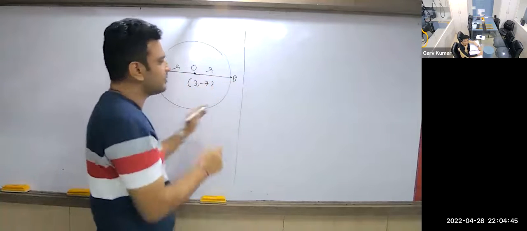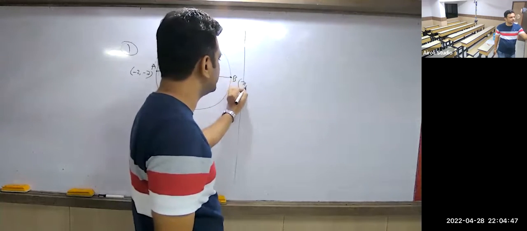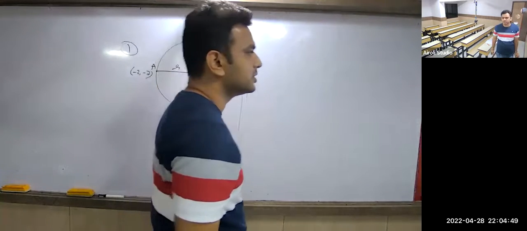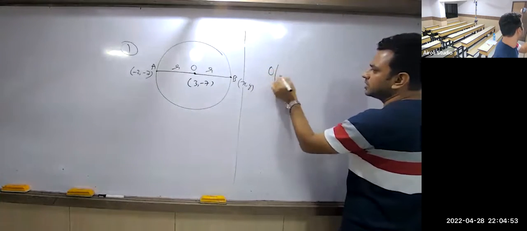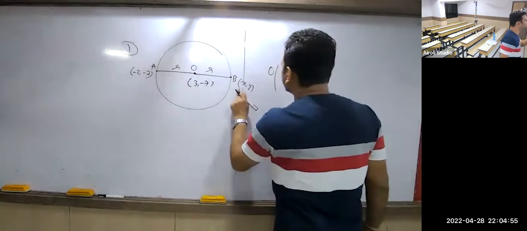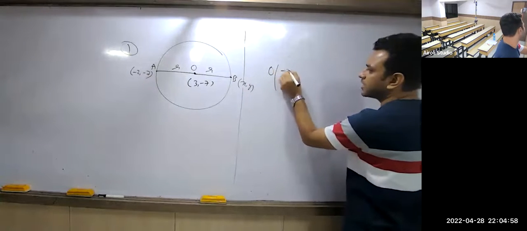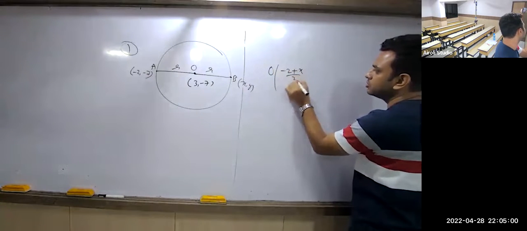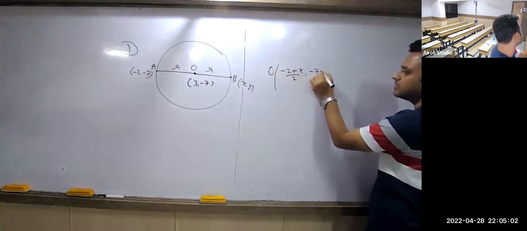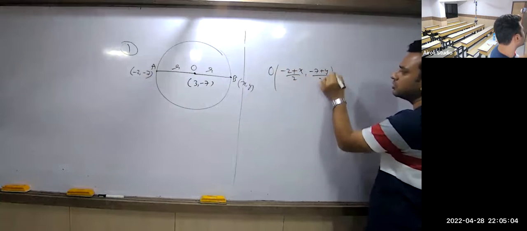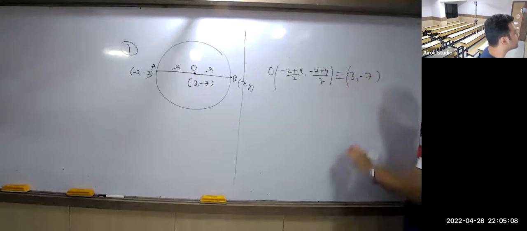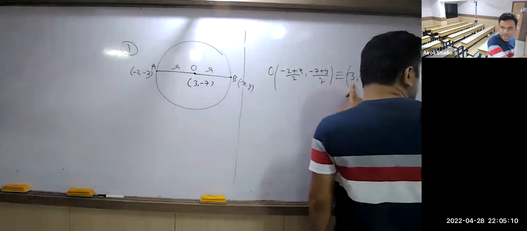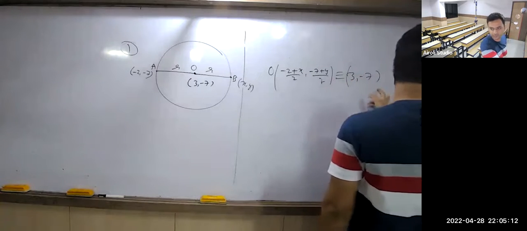So directly, if I'm assuming the B coordinate as x comma y, what will be the coordinate of O? It should be x1 plus x2 upon 2. So x1 is -2, plus x upon 2, comma -7 plus y upon 2. But it is given as 3 comma -7. So I can compare the x coordinate with the given coordinate and the y coordinate with the given coordinate.